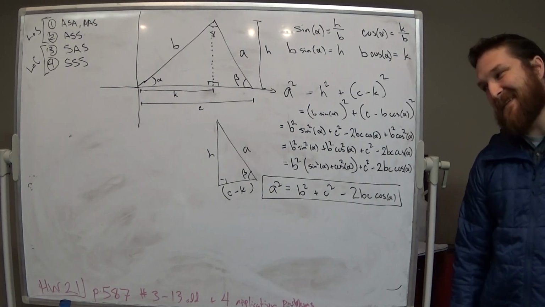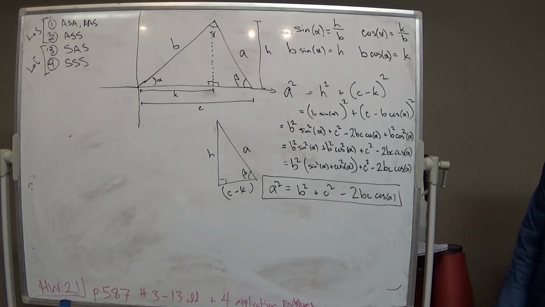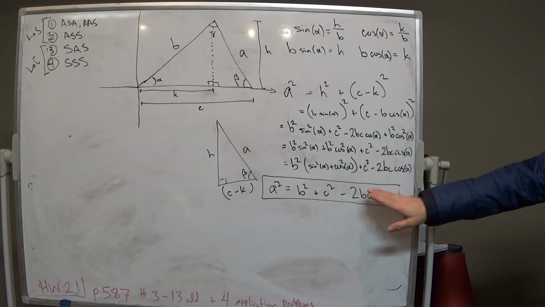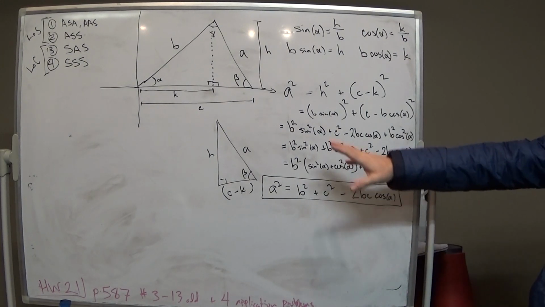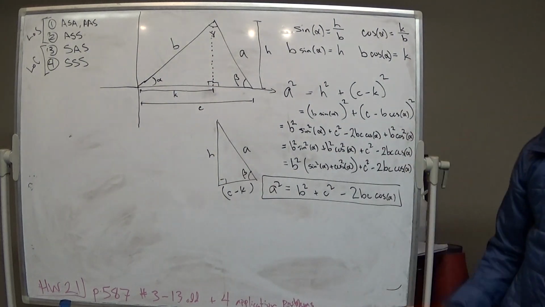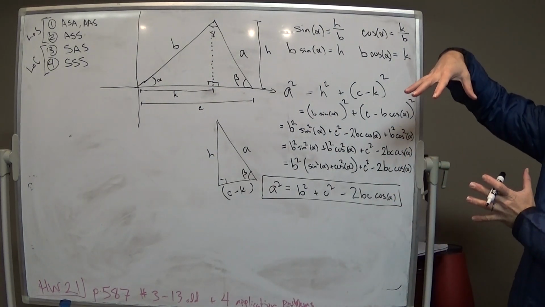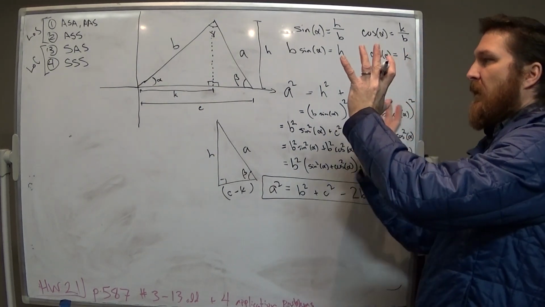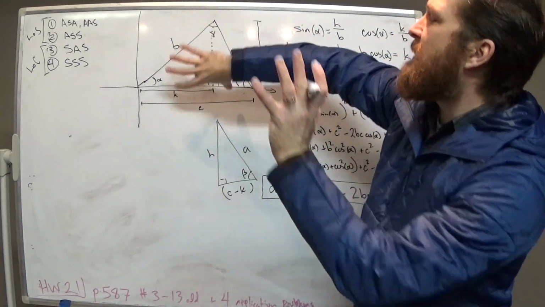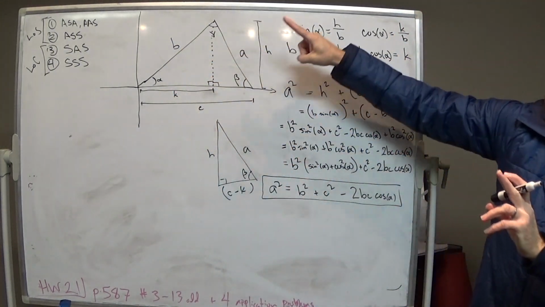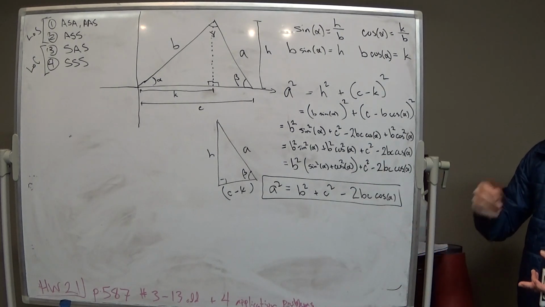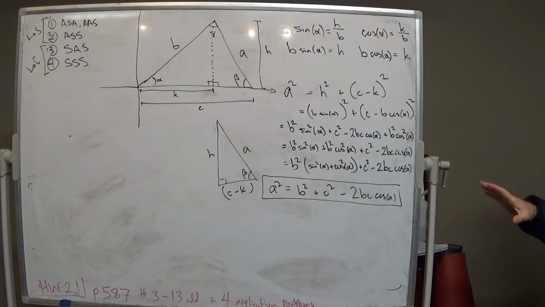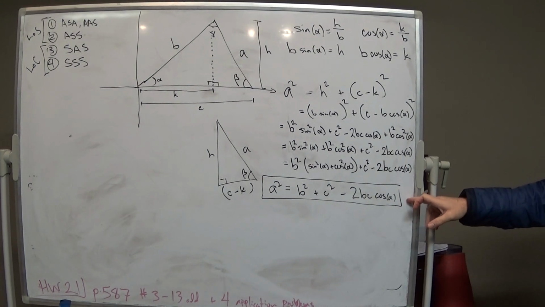You're way ahead of me. We're going to talk at the very end about something. So now check this out. Notice I did this with alpha. I could have done this with any of them. Like I could have started by saying, well, let's do gamma, in which case the opposite side would have been c, and so on and so forth. And so the way I remember this is just one part of the law of cosines.